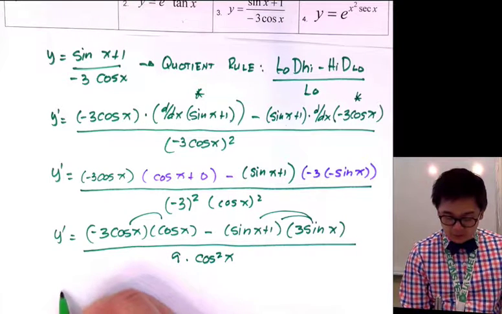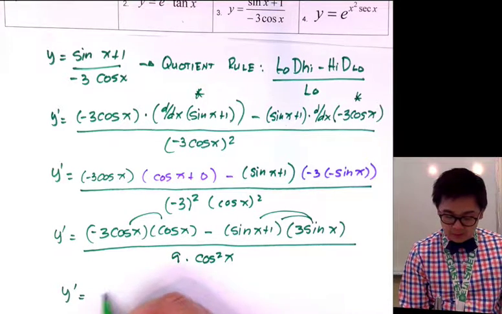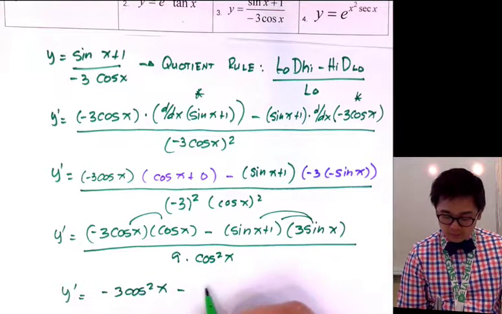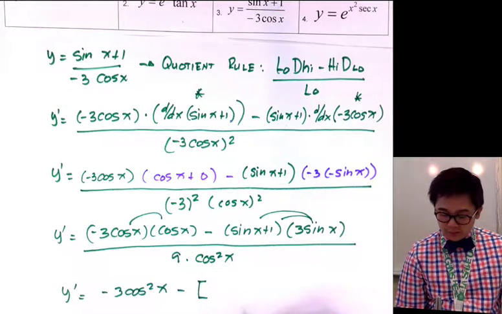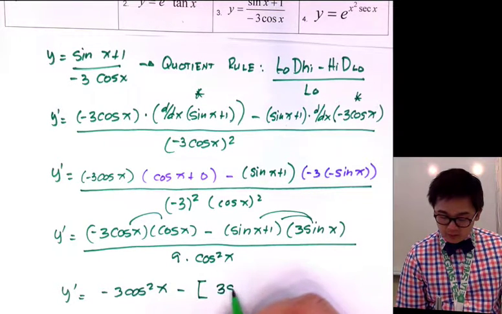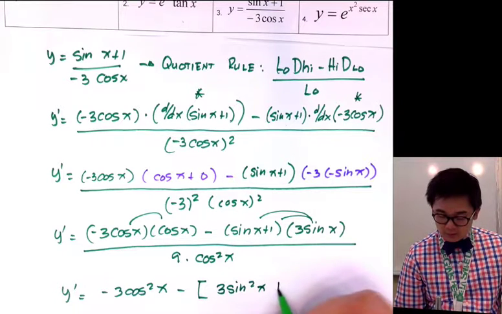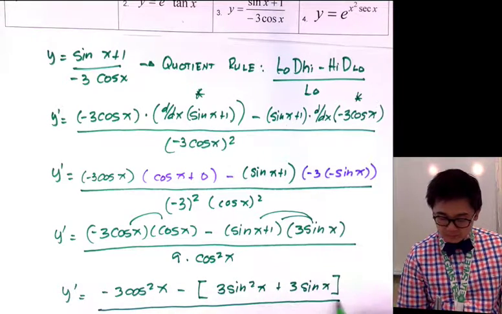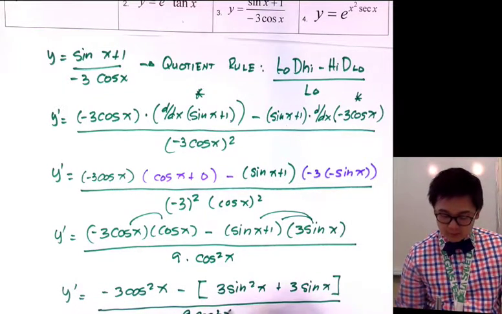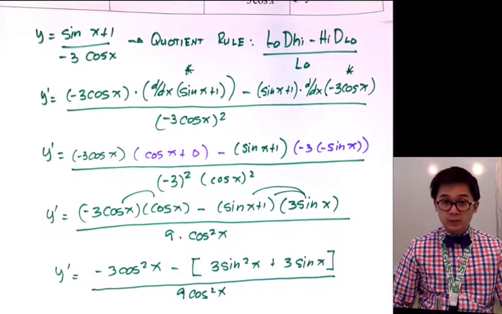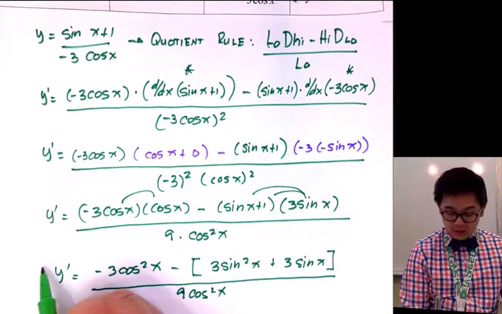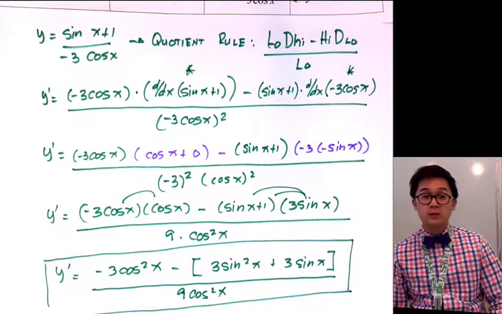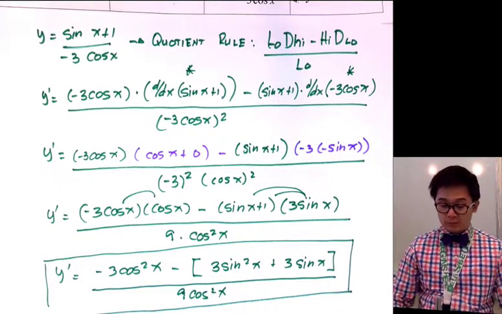So my derivative function will be y prime equals negative 3 cosine squared x minus the product of these two right here, which is 3 sine squared x plus 3 sine x, all over 9 cosine squared x. And I'm going to stop right here because we already have our derivative. We could clean it up a little bit by simplifying our rational function, but this will be an acceptable answer for our derivative for problem number 3.